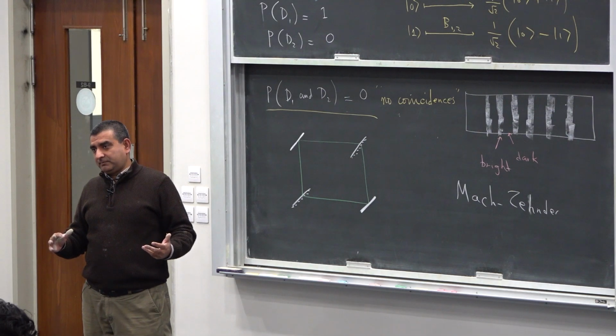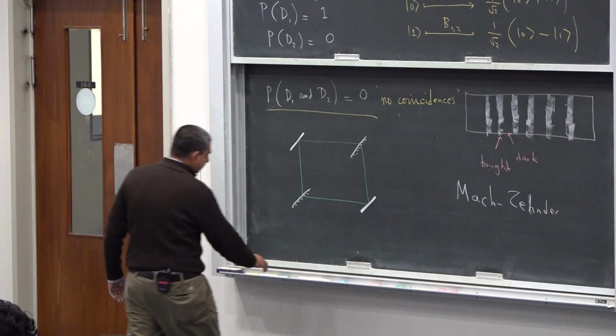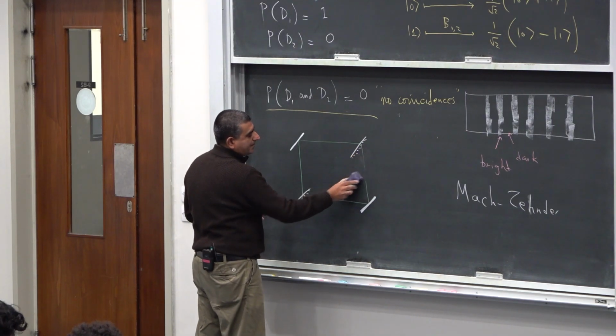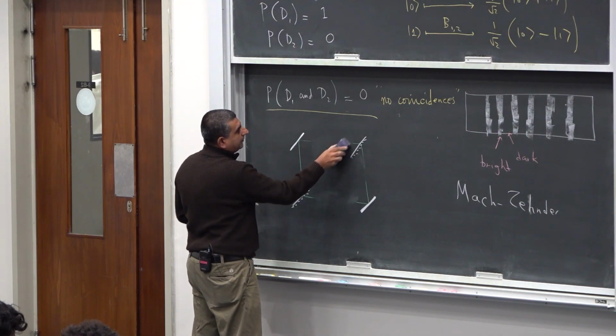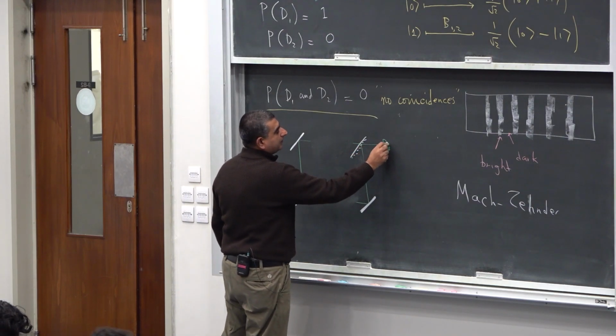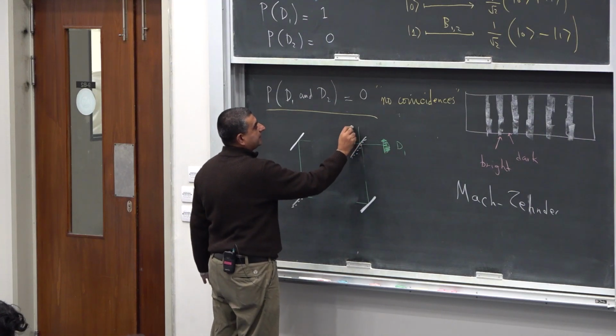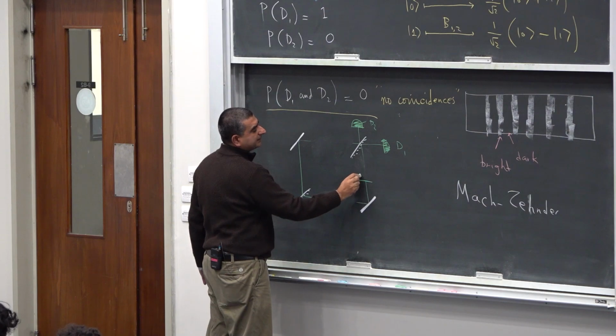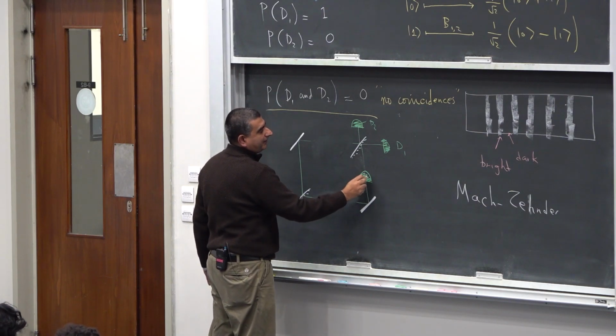Therefore, let's place a detector here. We already have two detectors at the output port, D1 and D2. Let's also place a third detector here, D3.